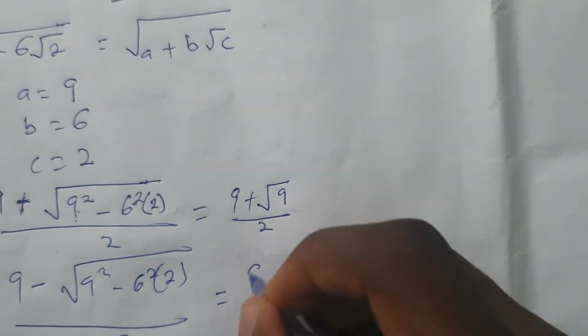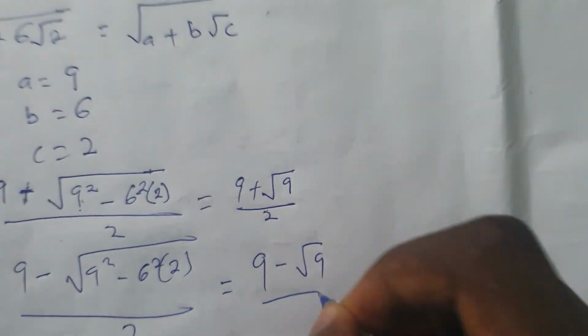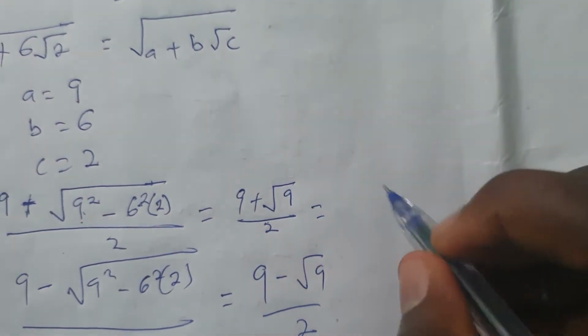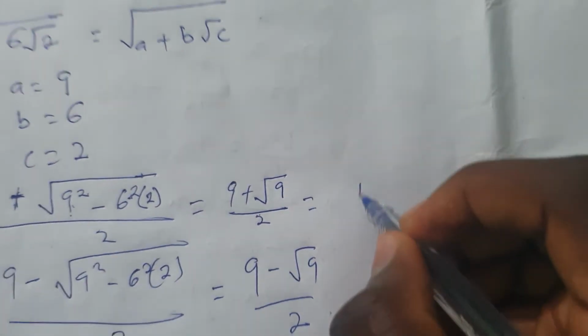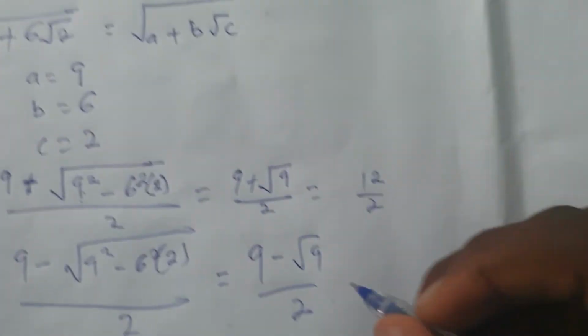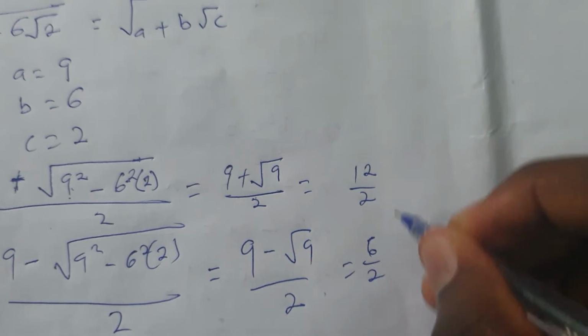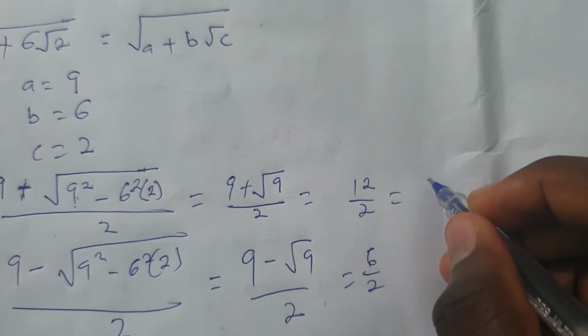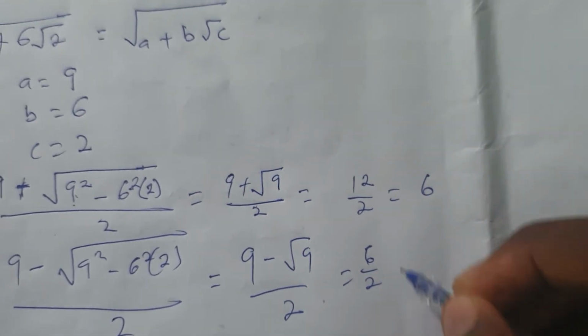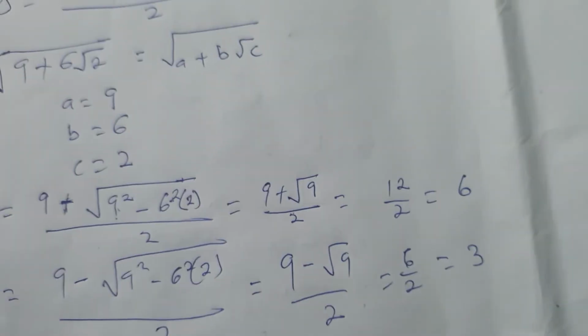Root 9 is 3, so 9 plus 3 is 12 over 2, and 9 minus 3 will be 6 on 2. 12 over 2 is 6. 6 over 2 is 3.